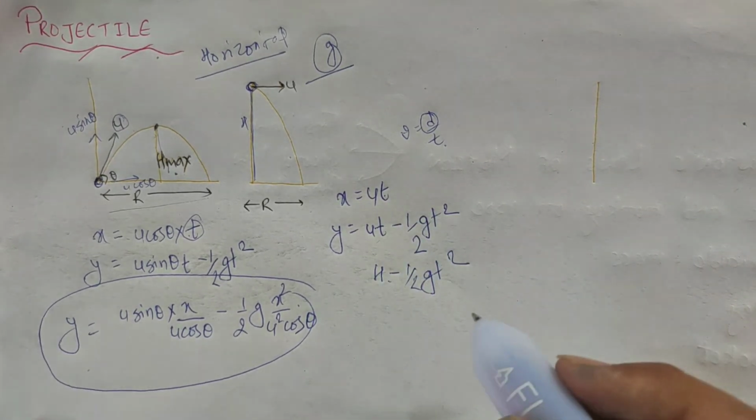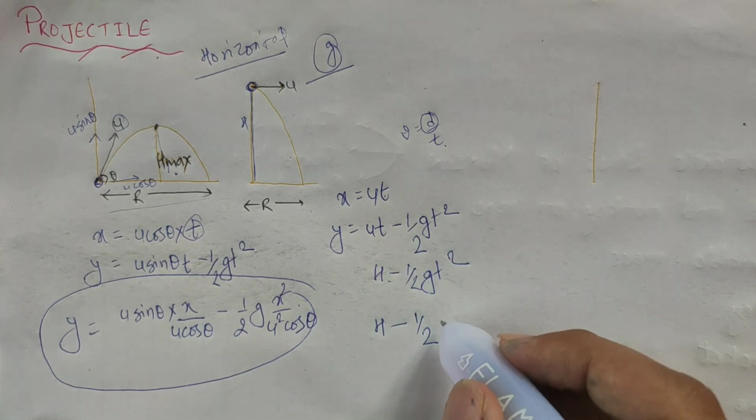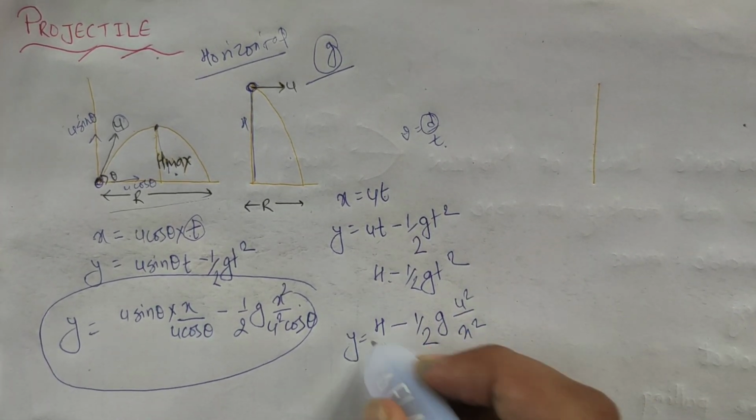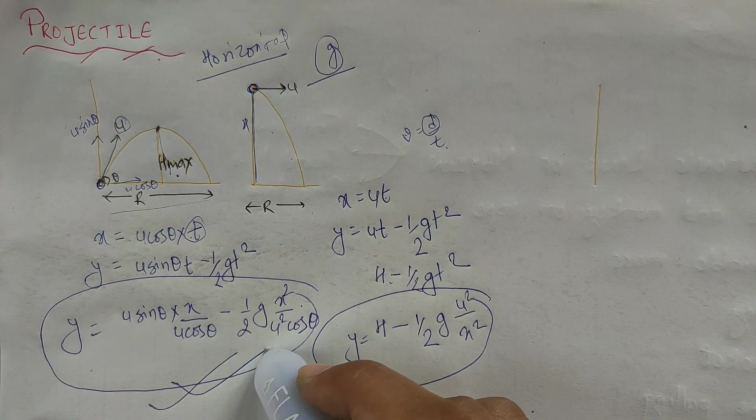Now putting the value of t here, you will get y is equal to h minus 1 by 2 g x square by u square. This is the equation in case of horizontal projection, and this one is an important equation.